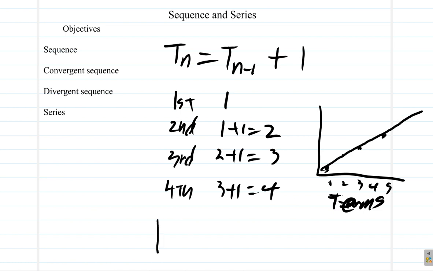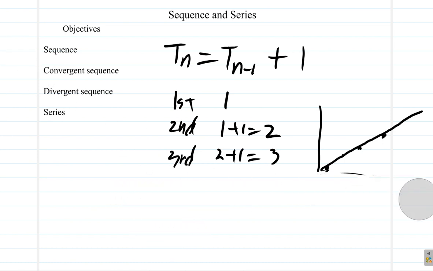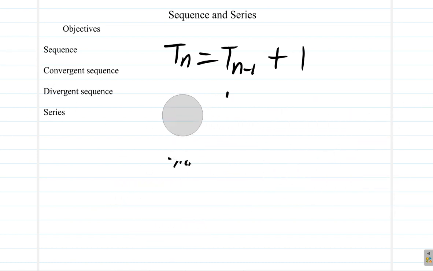By the way, the convergent sequence, the graph of it would go down towards a particular value, whether it is 0, 1, or whatever it is. It would go down towards a value, but the divergent sequence will go up towards infinity. Alright? So that's a divergent sequence.